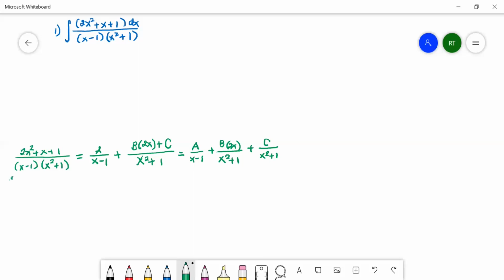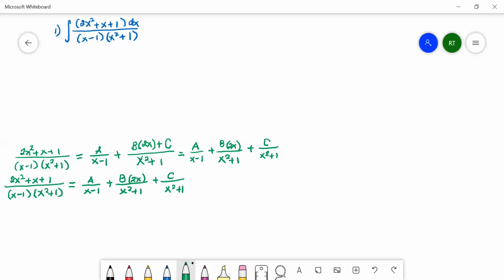So we write here 2x squared plus x plus 1 over the denominator, which is already in the factored form, and we can express this as a sum of partial fractions: A over x minus 1 plus B times the quantity 2x over x squared plus 1 plus C over x squared plus 1.